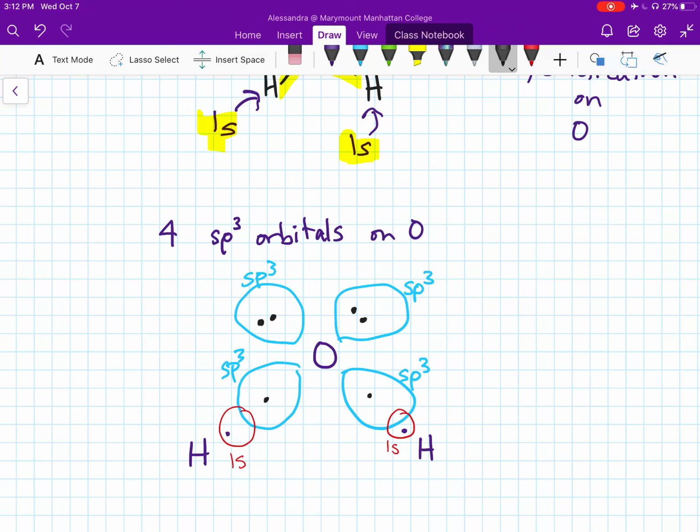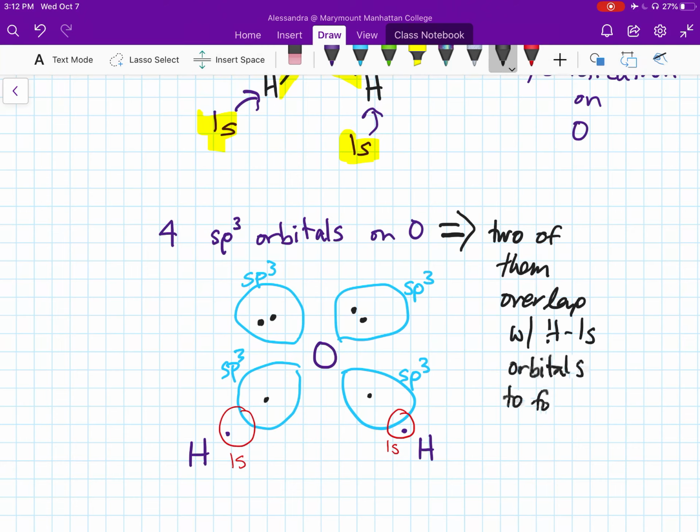So there are 4 sp3 hybrid orbitals on the oxygen. 2 of them are going to overlap with hydrogen 1s orbitals to form covalent bonds, or single bonds.